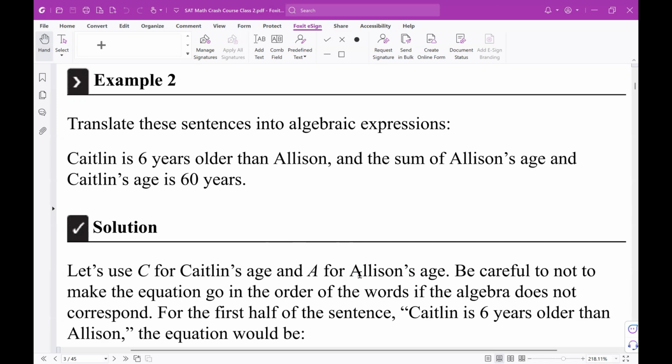We can also use X for Allison's age and Y for Caitlin's age, but that would not be as convenient as A and C. You got it, right?